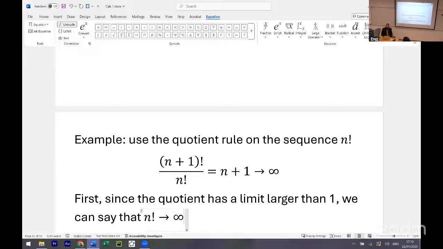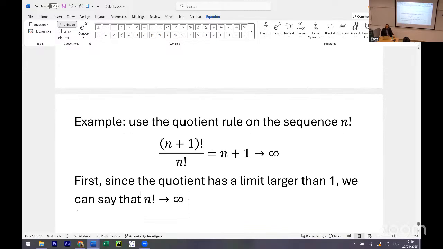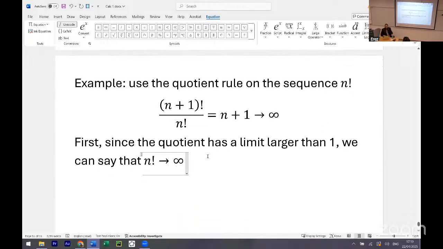Do you agree? That's the first law, the first conclusion in the quotient rule. Here it's not really impressive at all. Obviously, n factorial is larger than n.